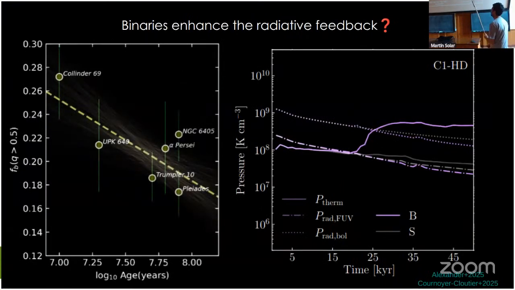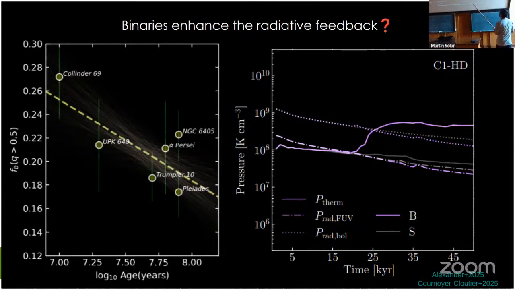Also, we have in this plot the binary fraction as a function of the age of 6 open clusters. We see that the binary fraction decreases as a function of time. So maybe, just maybe, this is part of the discussion, stripped-envelope supernovae could be exploding in these young stellar clusters, open clusters.